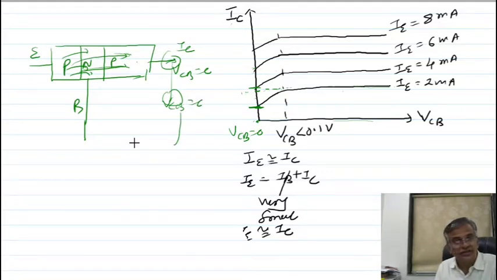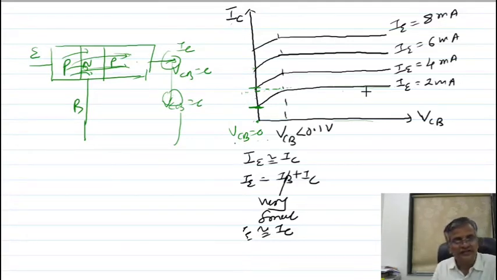So due to the internal potential barrier at the collector base junction, we are getting some current in the collector, even though you are keeping collector base voltage 0 with the emitter base in forward bias.